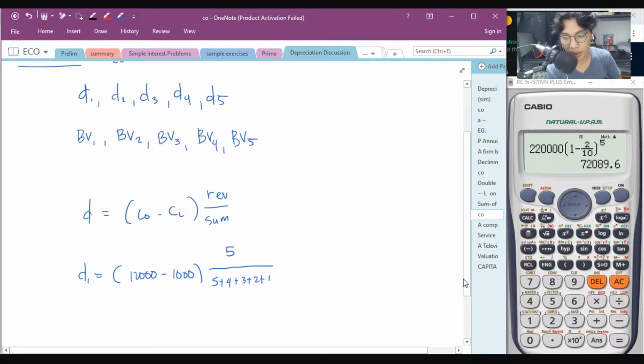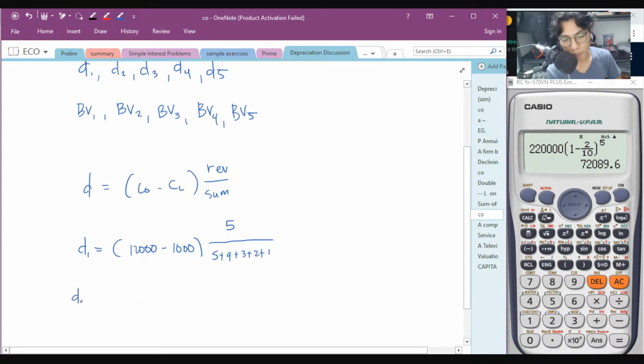Okay na yan. Yung D2, kopya mo. 12,000 minus 1,000. Pang anong year na yan? Yung reverse digit. Diba second year mo na yan? From 5, 4. Over 5 plus 4 plus 3 plus 2 plus 1.